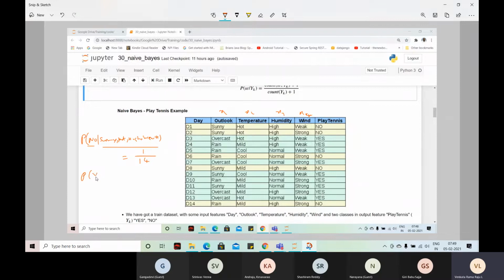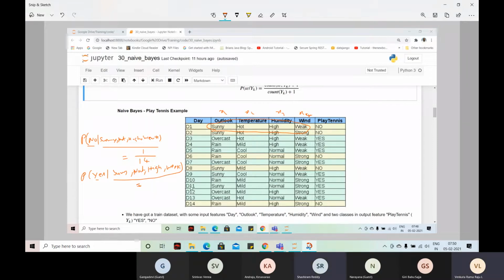If I ask you the probability of yes given the same combination, sunny, hot, high, weak, the same record, this particular x, getting yes if you pass this particular value, how much?